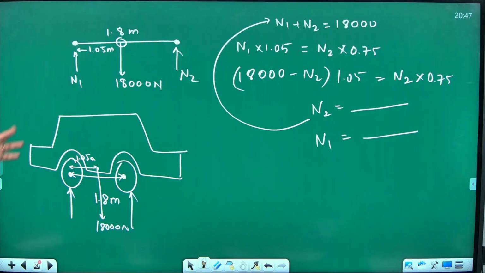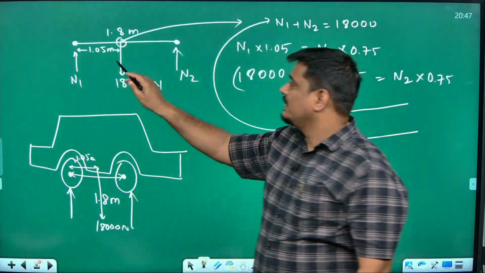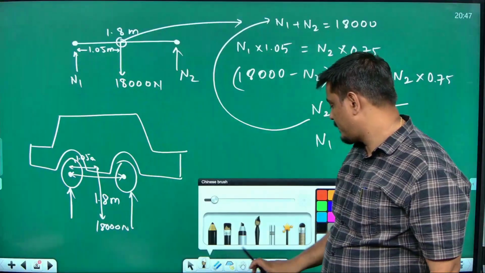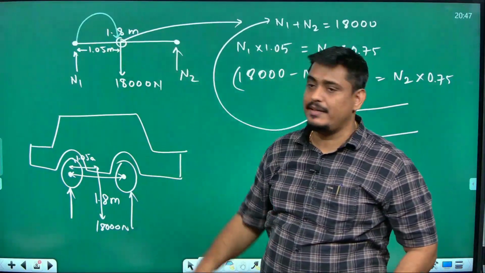Yes. So I have drawn this thing in a free body diagram where I have taken the front axle N1, back axle N2, center of gravity 1.05 meter from here, acting downwards. So net upward N1 plus N2 is equal to net downward 18,000. I am finding moment at this point. So when I am finding moment at this point, N1 into 1.05 will give me moment here, right?